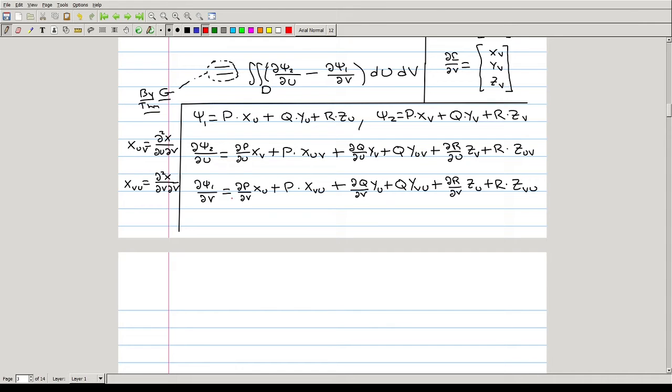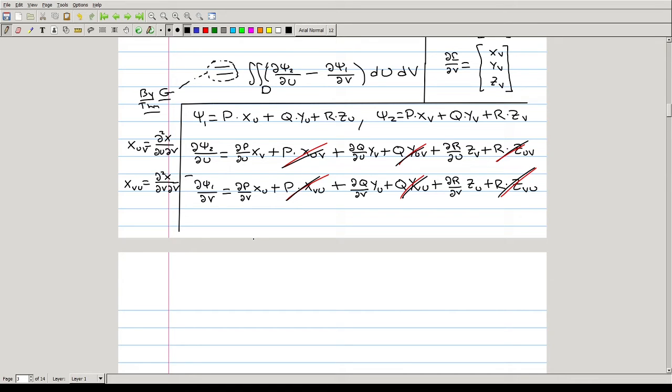And so the idea then is that when I take dψ2/du and subtract dψ1/dv in this double integral, you get a cancellation here, so these two terms right here cancel out. You get a cancellation here, so these two terms cancel out, and we get a cancellation here, when I subtract these two equations from one another.